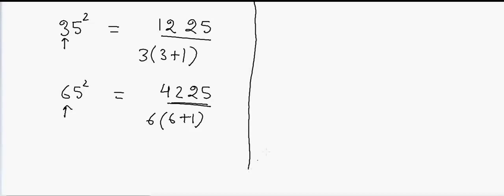So suppose we have any number which ends with 5, so that number can be written as 10 into x plus 5. So here suppose if x is equal to 3, then this number will be equal to 35, right?